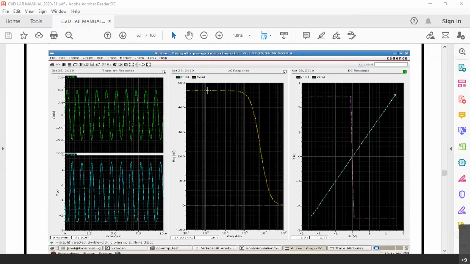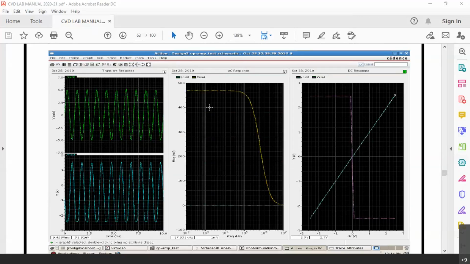That is because we have constructed only a 2-stage op-amp. If you make it a 3-stage op-amp, you will get definitely 500. The reason we got slightly less than 500 is the open loop gain, which we ideally take as more than 10,000 or so. But in this lab experiment, we have constructed only a 2-stage op-amp. We have not put the intermediate stage for a higher gain. That way, this circuit's open loop gain will not reach 10,000.